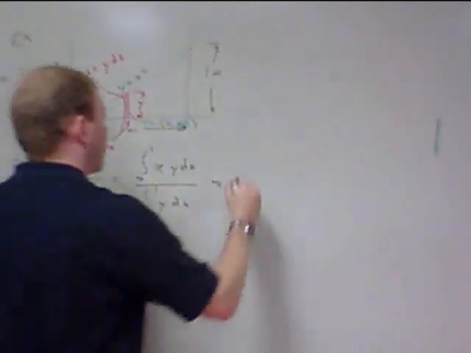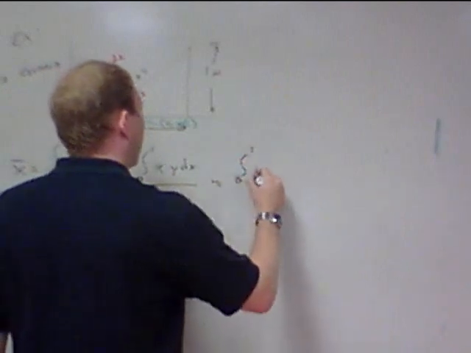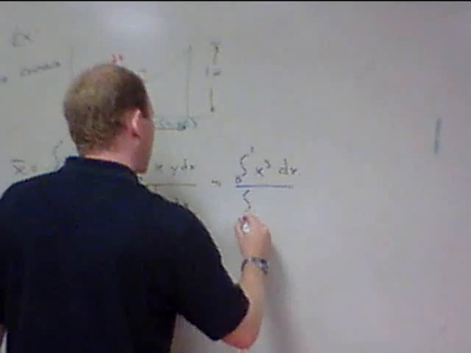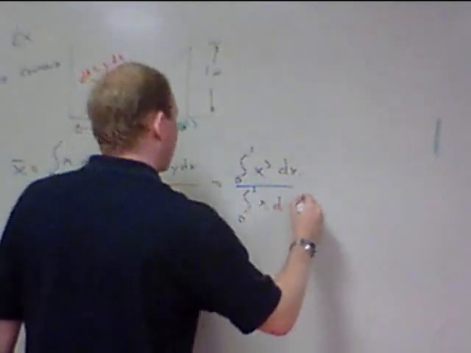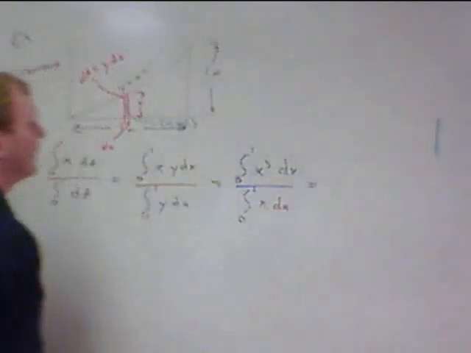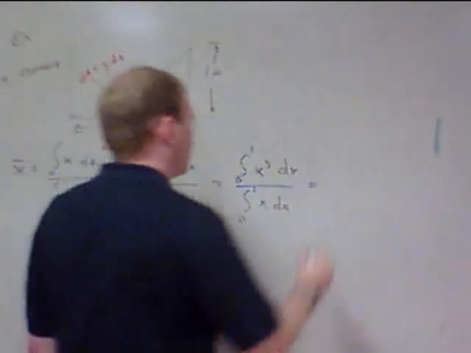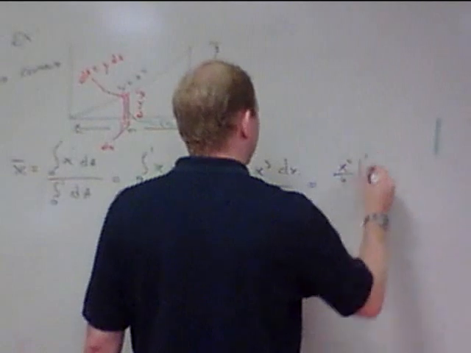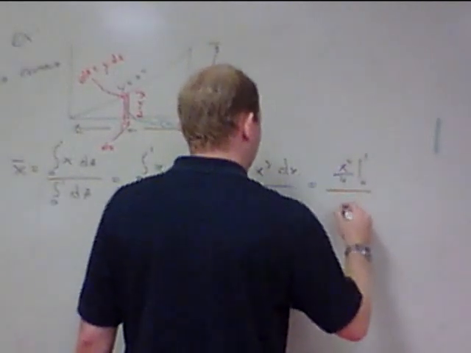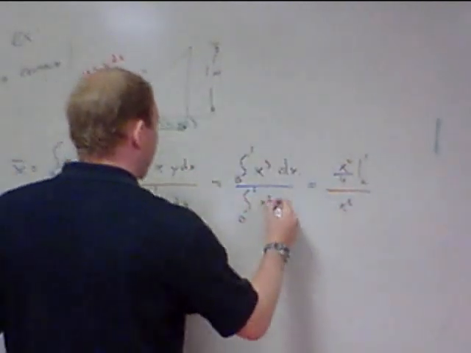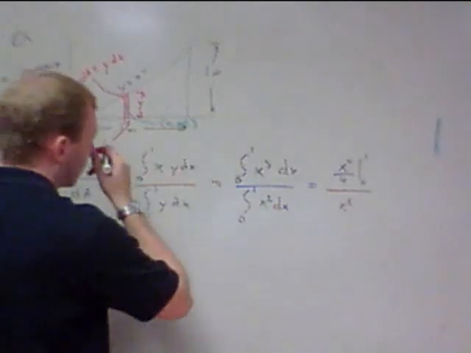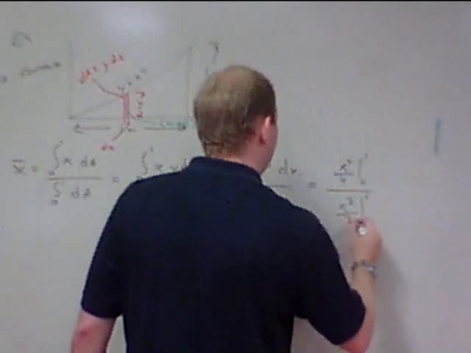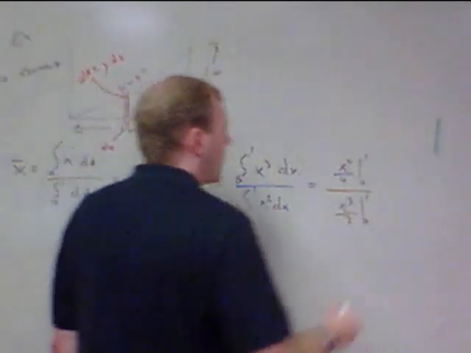We know y equals x squared, so this is the integral from 0 to 1 of x cubed dx over the integral from 0 to 1 of x squared dx. The integral of x cubed is x to the 4th over 4, evaluated from 0 to 1. And the integral of x squared is x cubed over 3, evaluated from 0 to 1.